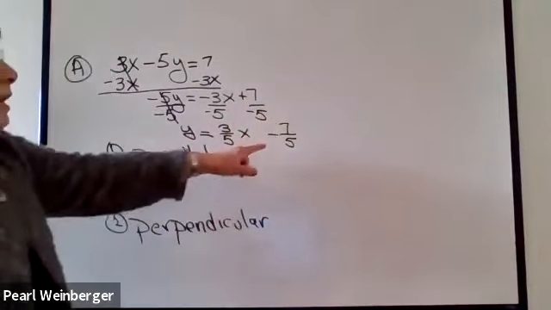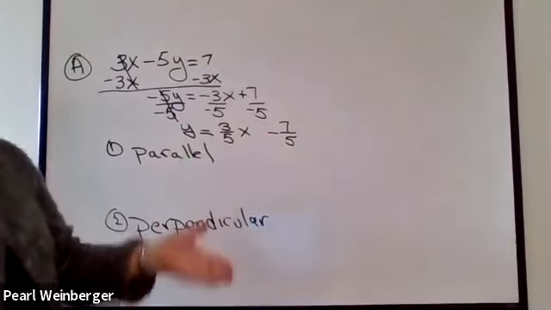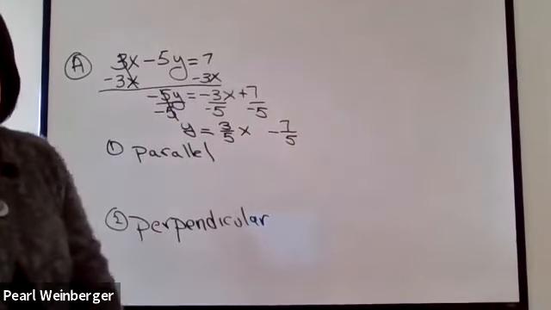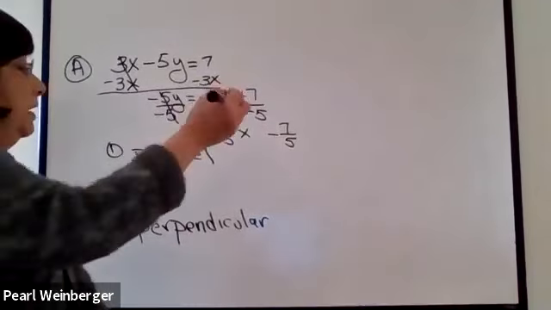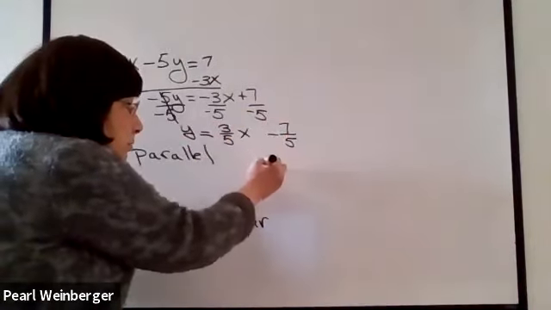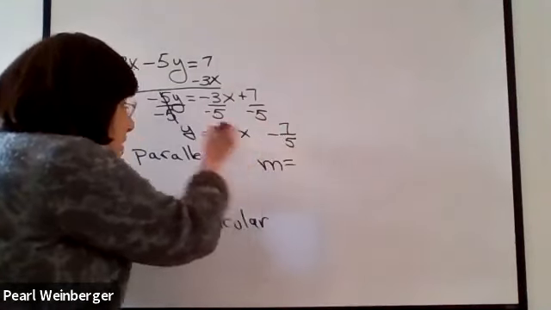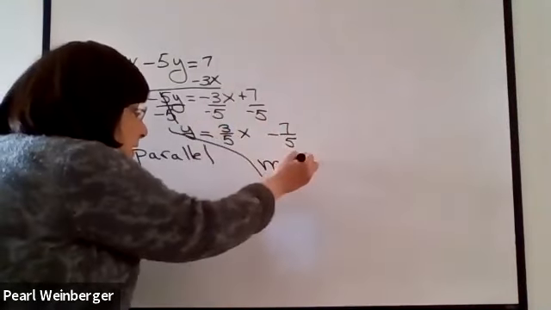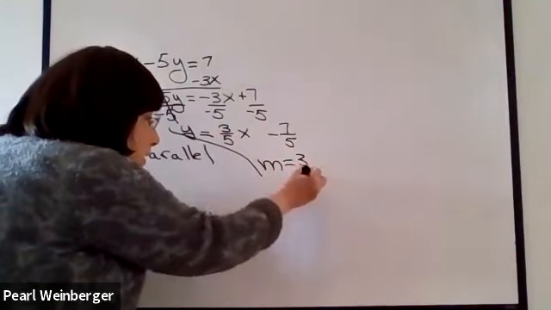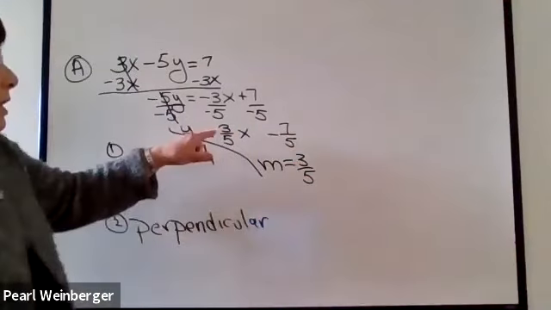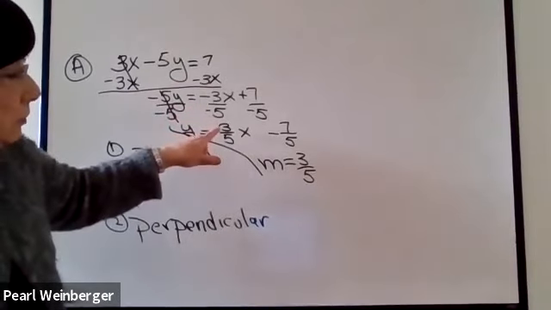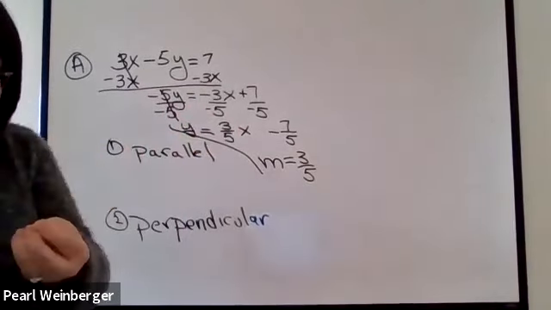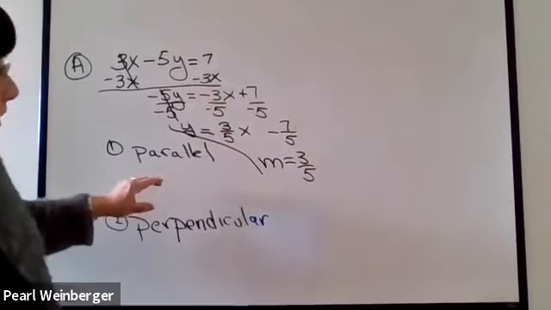Usually the b comes out to be a whole number, but we don't need to care what the b is in this case, because all I asked you is to find the slope. So we know that the slope is 3 over 5, because the coefficient of the x, the number in front of the x, is 3 over 5.